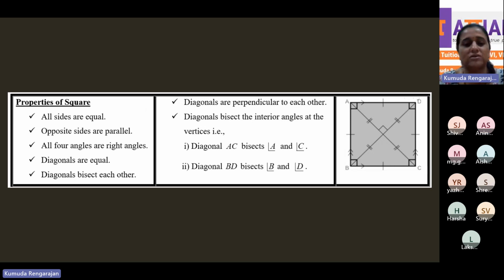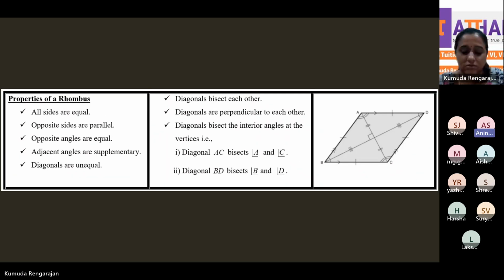This is square, children. Yes, ma'am, done. Okay, not this, only till here. Anantika, which one do you want? This one. Taken, ma'am. Start writing, children.